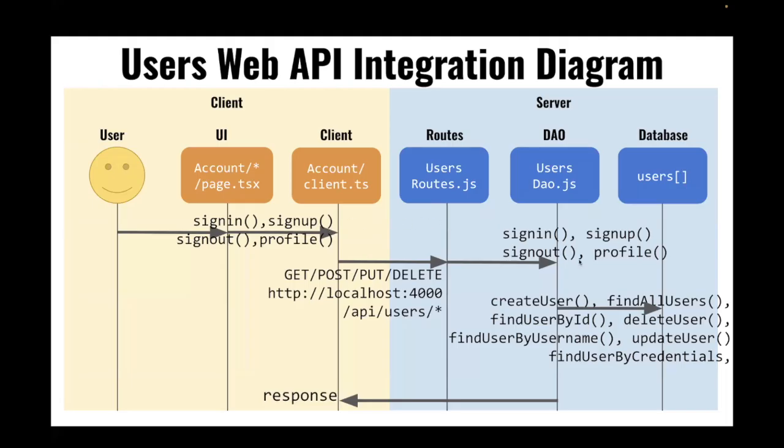Now, the actual manipulation of the data structure will be done by DAO objects or data access objects, right? That, like the name suggests, right? They implement the design pattern of data access layer, right?